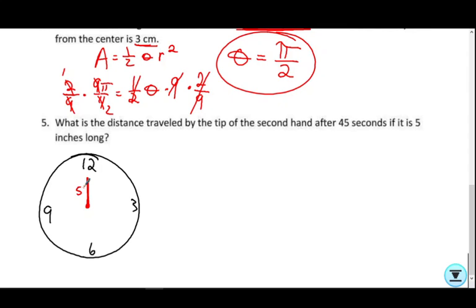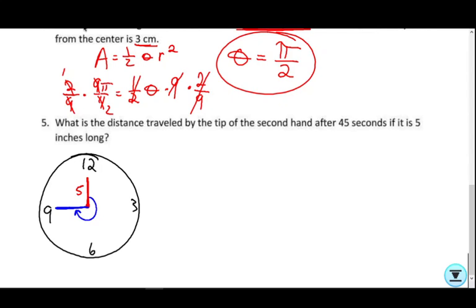So what is my angle? And don't you dare say the angle is 45 seconds. So let's think about this. If this hand, which is 5 inches long, travels for 45 seconds, if it starts here at 12, it's going to go around for 45 seconds. Where does it end up after 45 seconds? Well, it ends up right here at 9. So what is this angle right here?